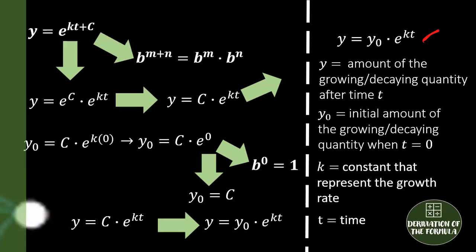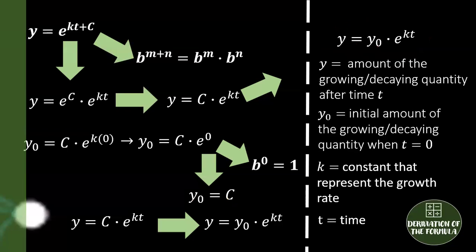So again, remember that formula. This is the only formula that we will be using, and the process that we had a while ago in getting the general solution up to when we arrive at the particular solution, in which we found out that c is y sub 0 itself, or the initial condition.